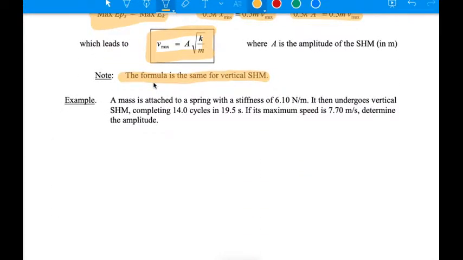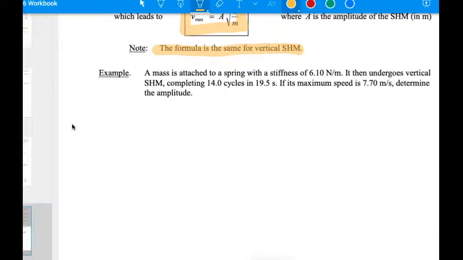Let's give our example a go here. It doesn't matter if it's vertical or horizontal. This one is vertical, so we'll see how that works itself out. A mass is attached to a spring with a stiffness of 6.10 newtons per meter. So we'll start by drawing it out. As always, we have our spring and a mass on it.